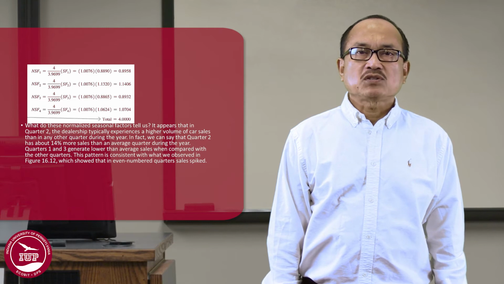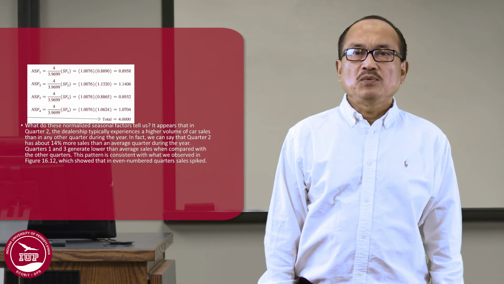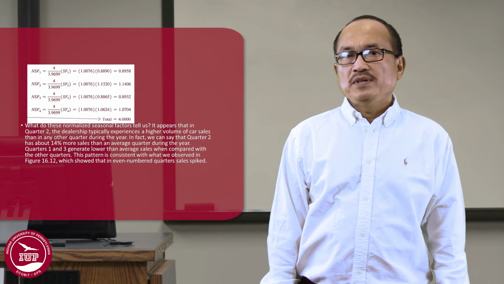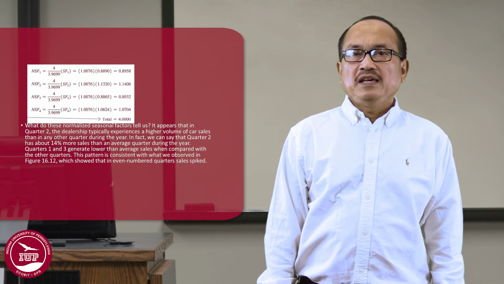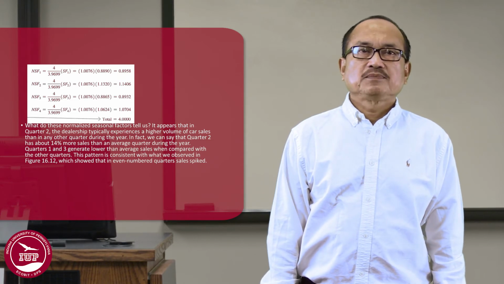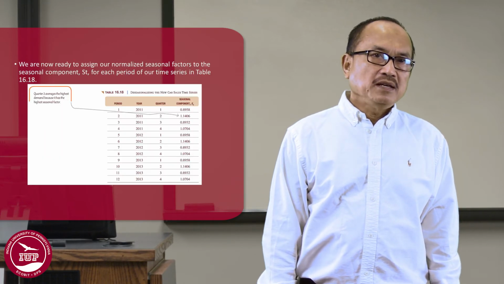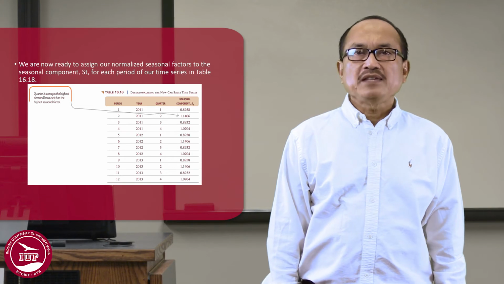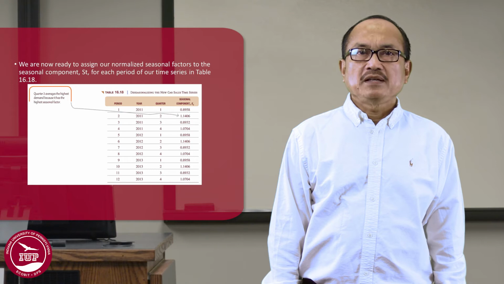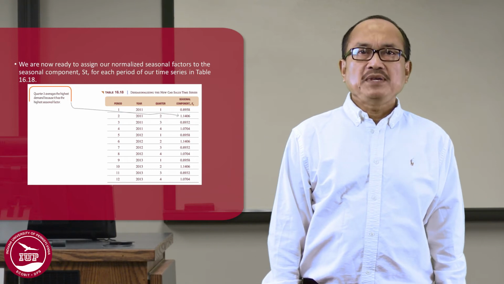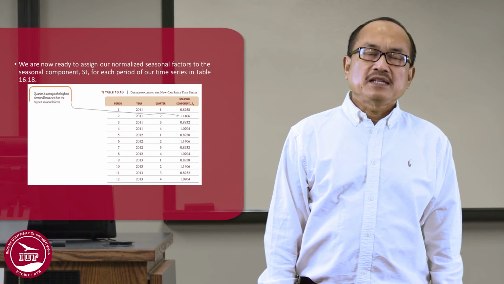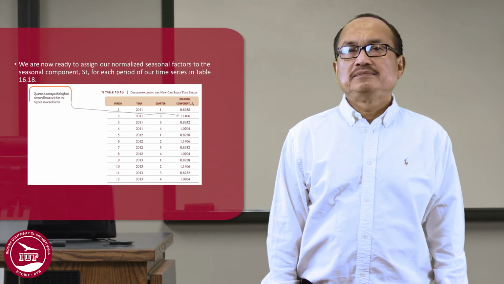This pattern is consistent with what we observed in figure 16.12, which shows that in even-numbered quarters sales spike. We are now ready to assign our normalized seasonal factors to the seasonal component S_t for each period of our time series in table 16.18.